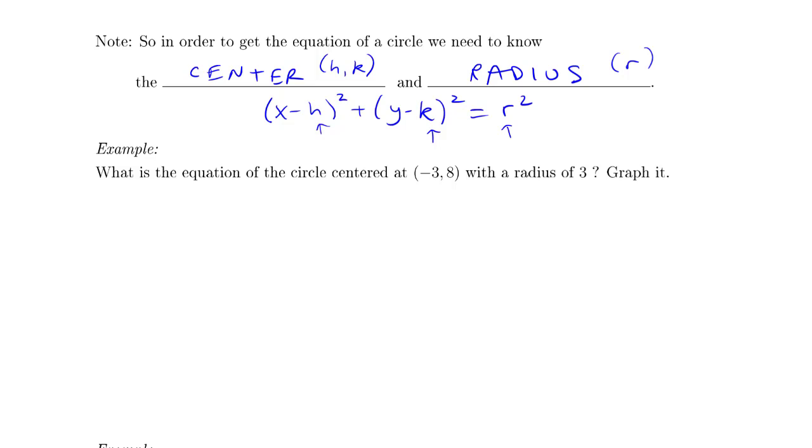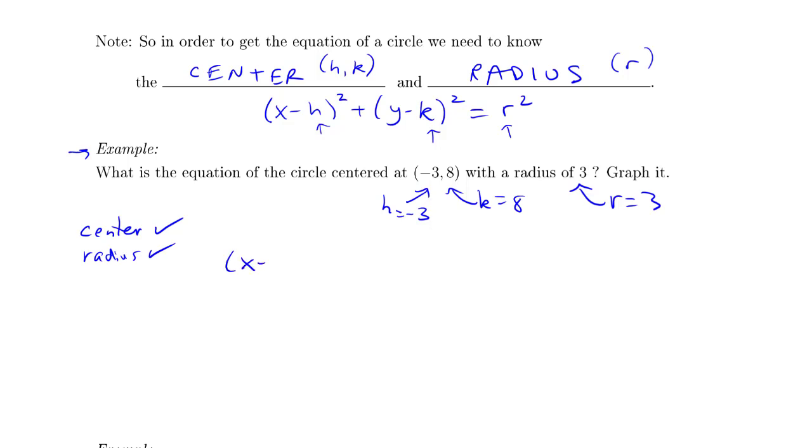For example, take the first one here. What is the equation of the circle centered at (-3, 8) with a radius of 3, and then graph it? Well, they're already telling me that h is -3 and k is 8, and a radius of 3 means r equals 3. Do I know my center? Yes. Do I know my radius? Yes.